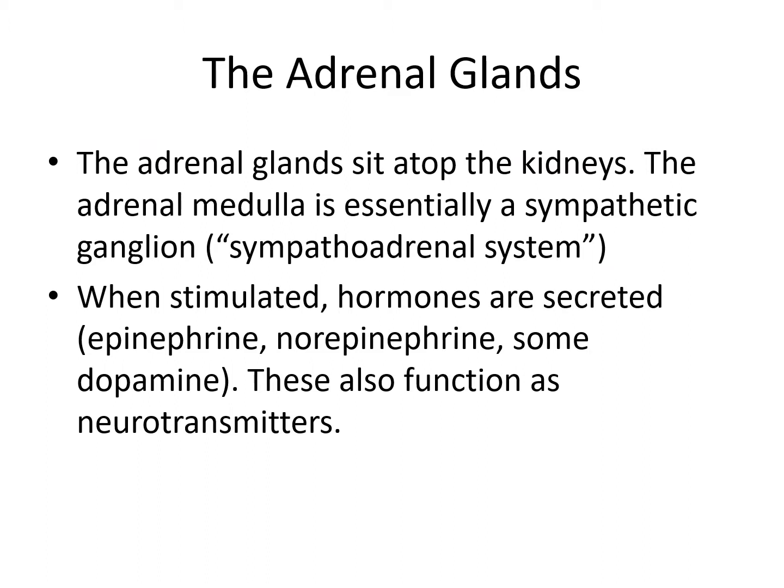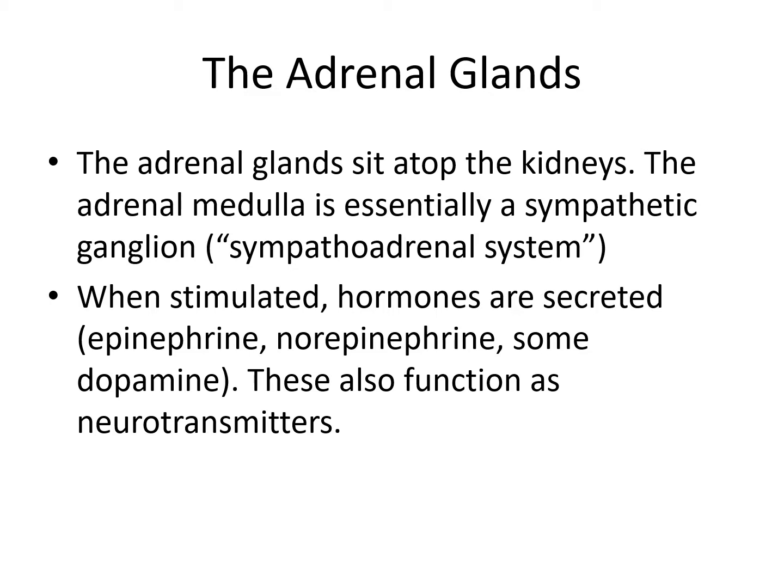So the adrenal glands, I just want to mention the adrenal glands because there's actually two different types of tissue that are found in the adrenal glands, two main types of tissue anyway. And the adrenal glands are often considered alongside the sympathetic nervous system due to their function.